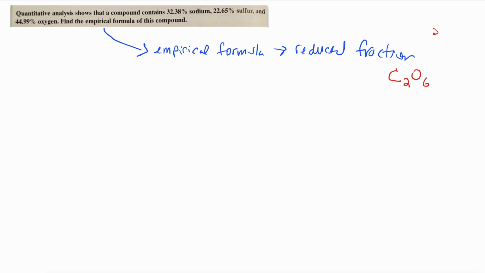Okay, 2 over 6 is not reduced because they can both be divided by 2. So you could chop it down more. If I divide top and bottom by 2, what do I get? 1 over 3.